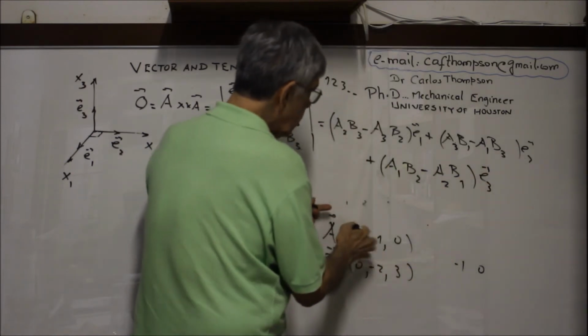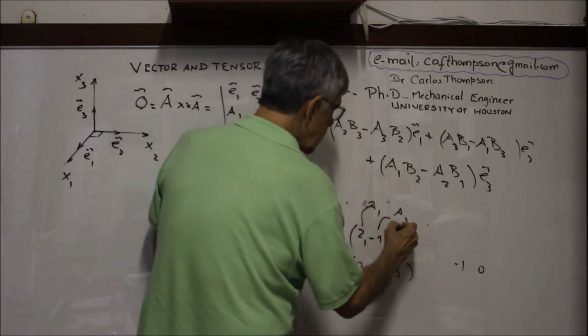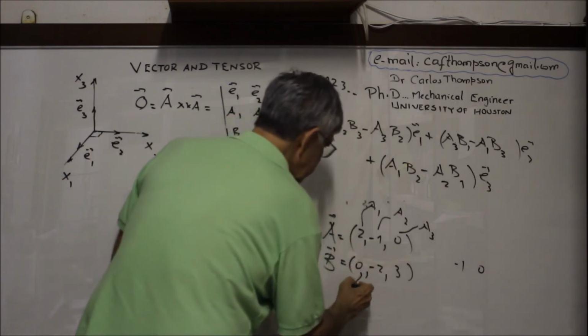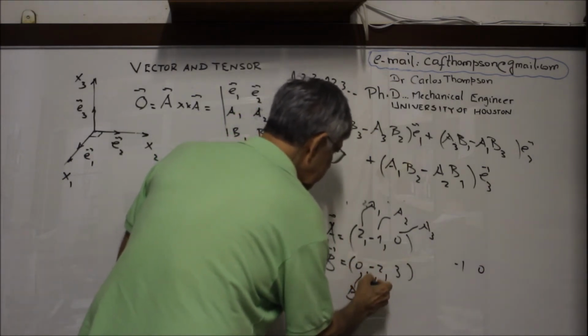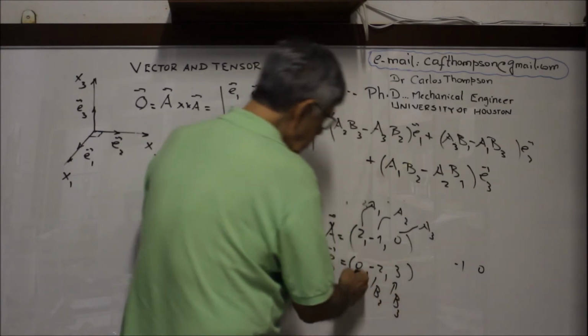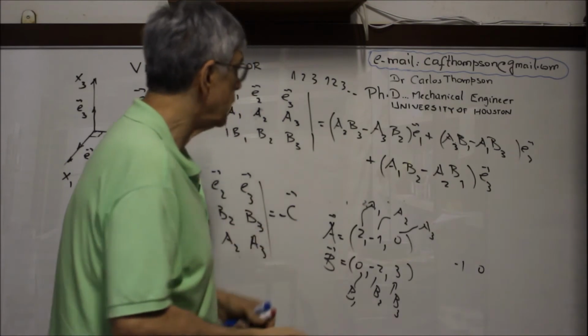You have here A1, A2, A3, B1, B2, B3. You just plug these numbers over here and get vector C, just quickly.